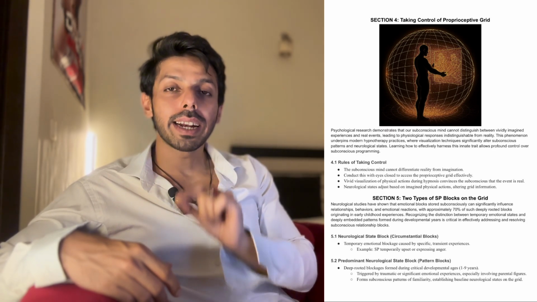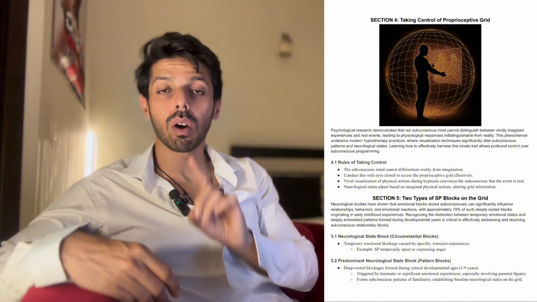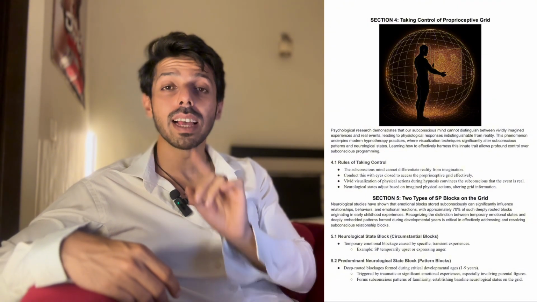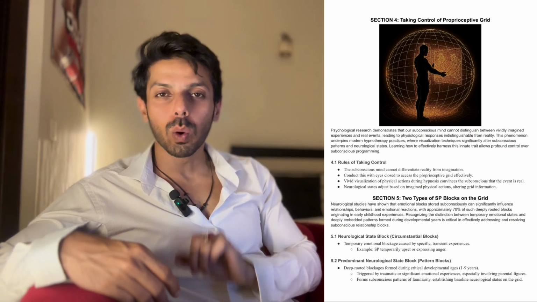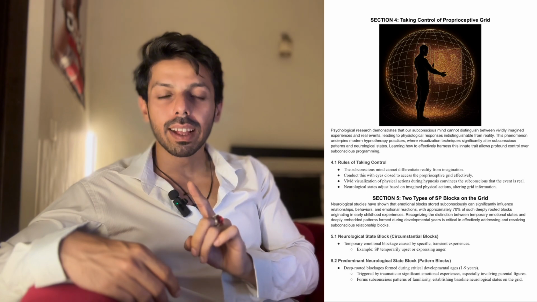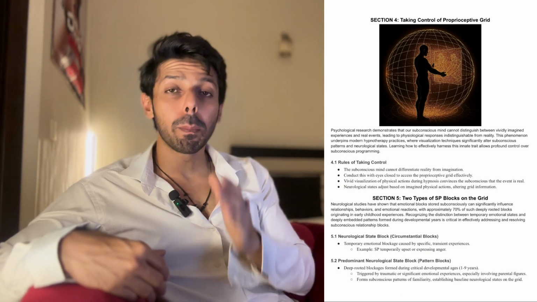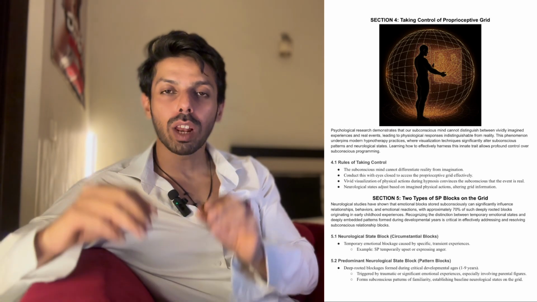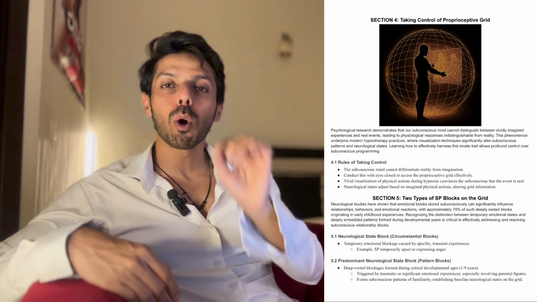The words that I said were your emotional connection to your father or your mother. That means if there was even one single moment in your childhood where you had a bad experience with your father or your mother, that experience will be recorded within that image and will be on your proprioceptive grid.